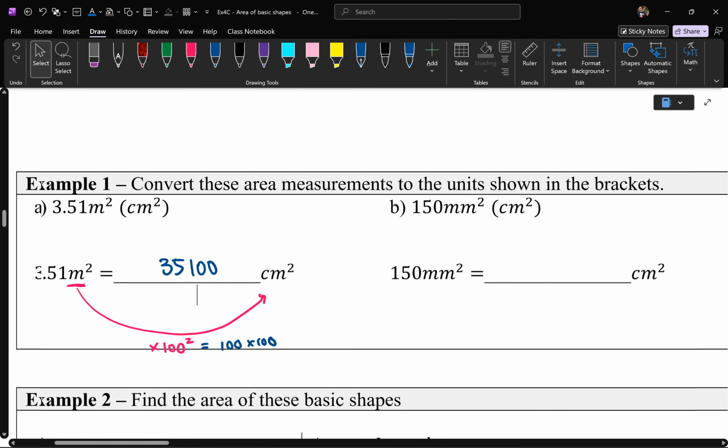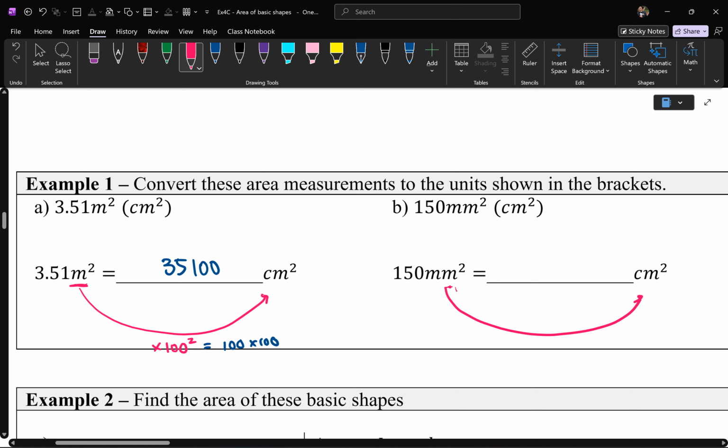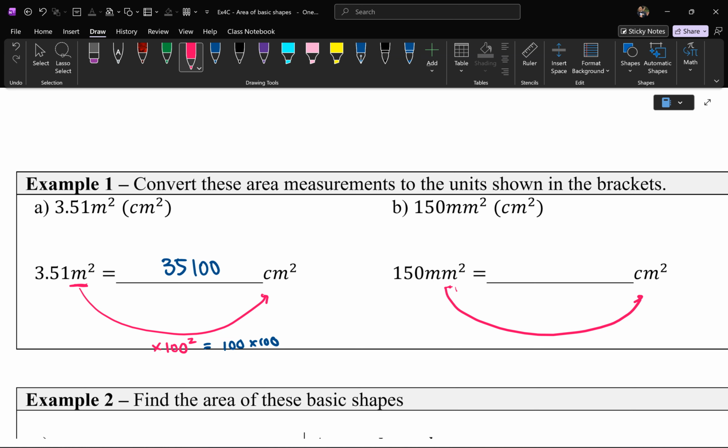How do you convert squared millimeters into squared centimeters? Can I please have, let's go with Tilly. Squared millimeters to squared centimeters on your chart. What does it say? Divided by 10. Good, divided by 10 squared because they're area units.